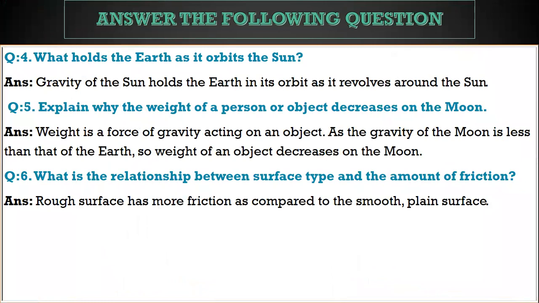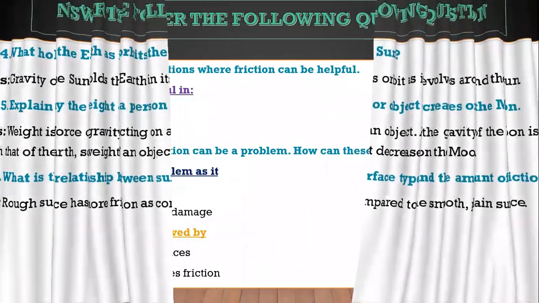Question number 4. What holds the earth as it orbits the sun? Question number 5. Explain why the weight of a person or object decreases on the moon. Question 6. What is the relationship between surface type and amount of friction?